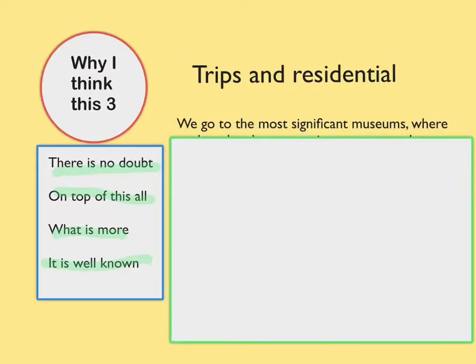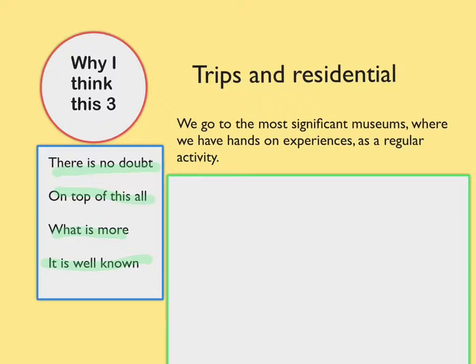Let's have a look. Nice sentence type. What type of sentence is this? Let's have a look. We go to the most significant museums where we have hands-on experiences as a regular activity. Now here you have this as your main sentence. We go to the most significant museums as a regular activity.